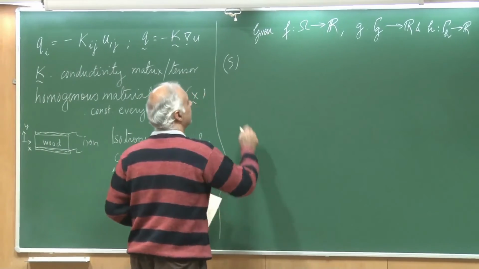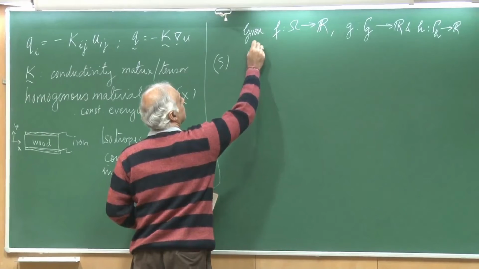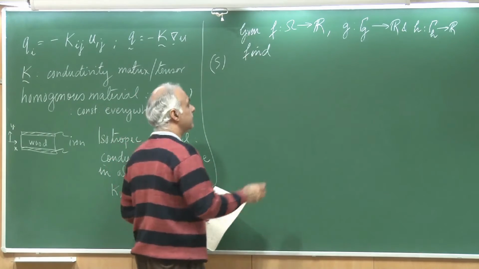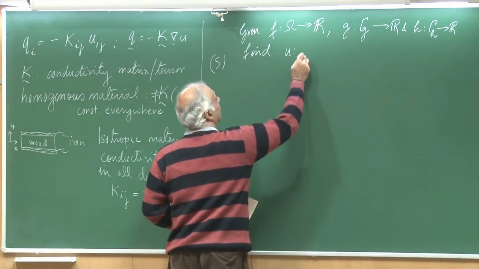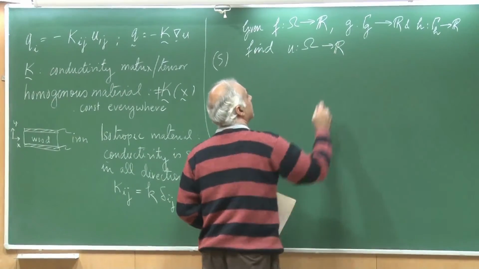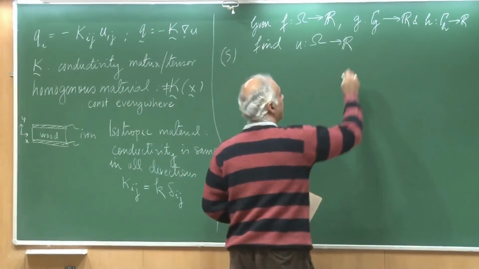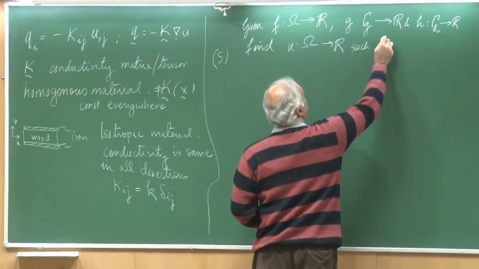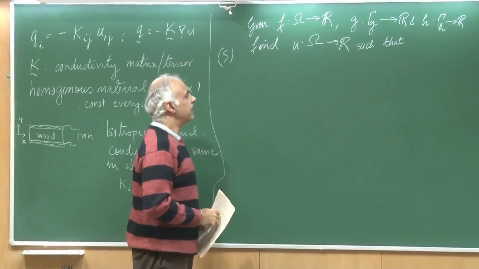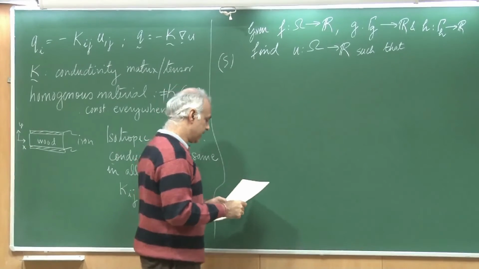So, given these functions, I would like to find a u on omega, which is again a real valued field, such that I will have to now specify my differential equation and the boundary conditions.